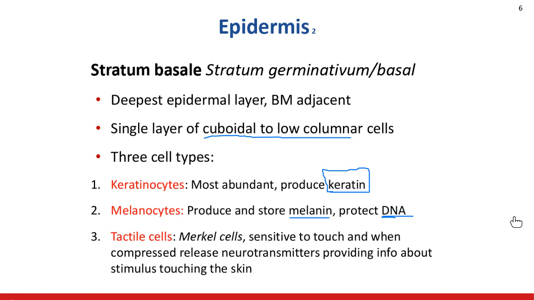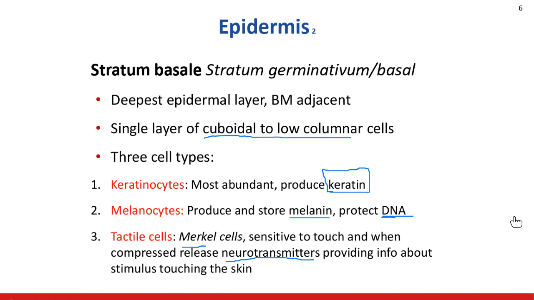All right. The last type of cell that we see in this layer are the tactile cells. We also call these Merkel cells. These are specialized cells because when they're compressed, they release a neurotransmitter. You'll have a receptor cell in close approximation to these tactile cells.